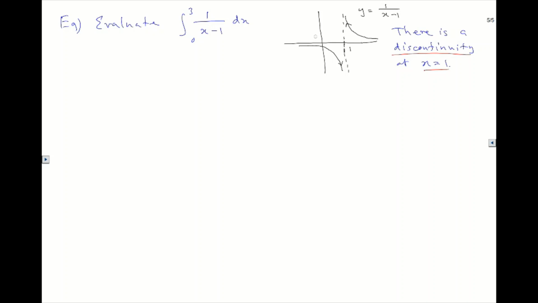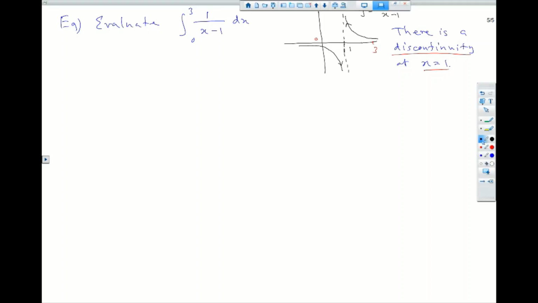The interval goes from 0 to 3. So we have to split the integral. We're going to consider two separate integrals, and if at least one of them is infinite, you know that you don't need to do the other one. That's enough. So let's split the integral first.